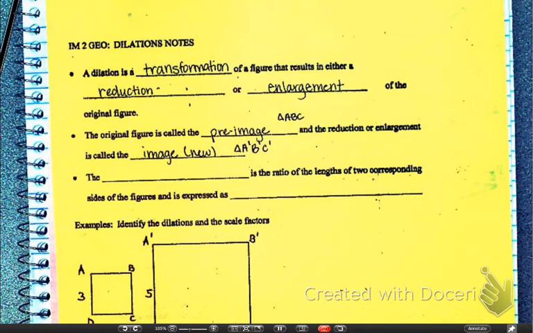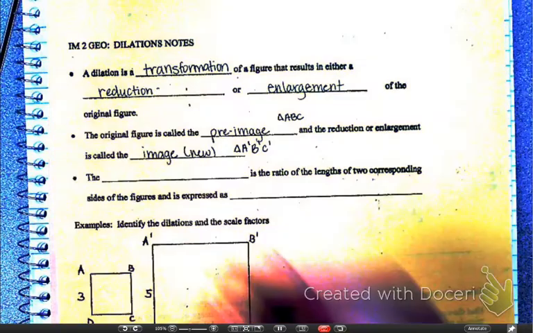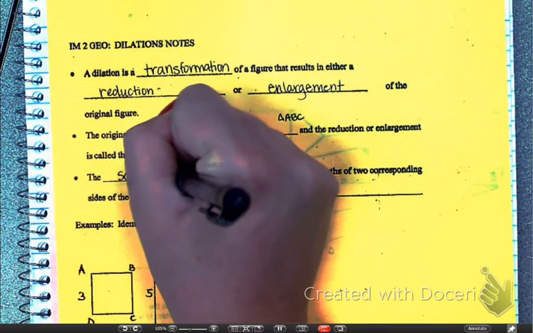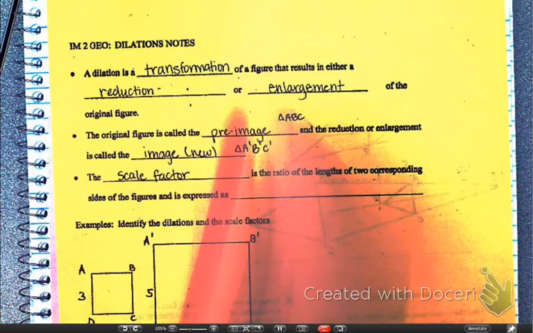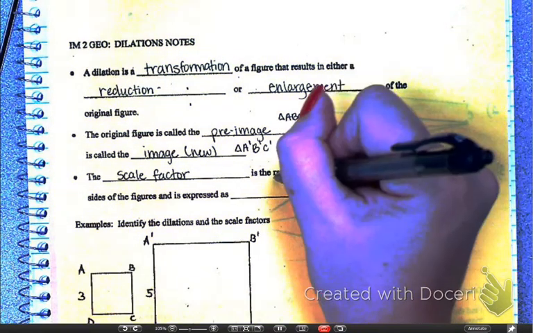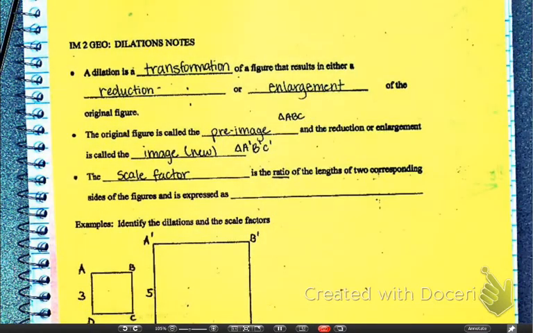The blank is the ratio. So this is scale factor. And what's the ratio? A fraction, right? It's our comparison of values. So in this case, it would be a comparison of the two figures.